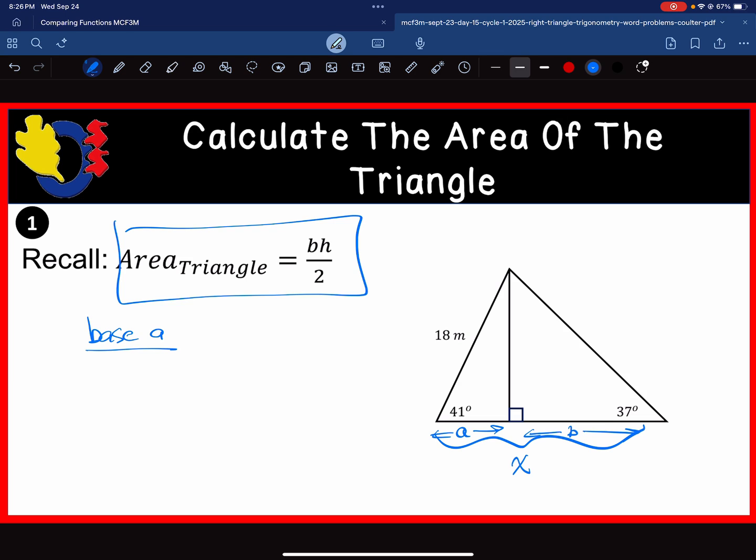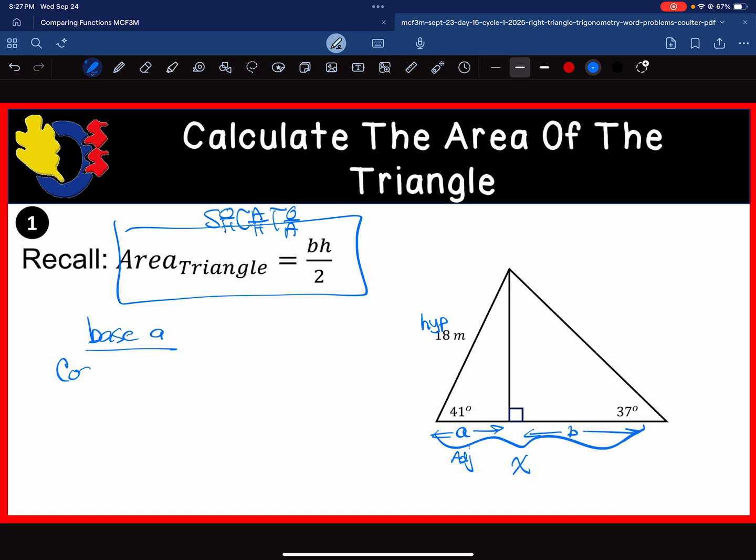Okay, so I have a marked angle of 41. A is the adjacent. 18 is the hypotenuse, because it's across from the right angle. So according to our acronym SOHCAHTOA, we need to use cosine.